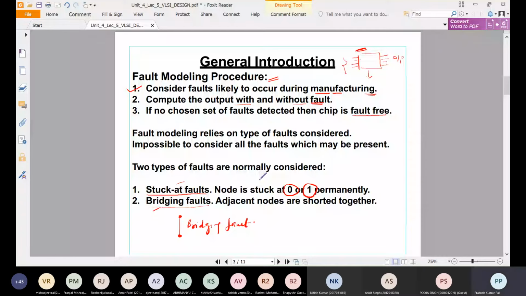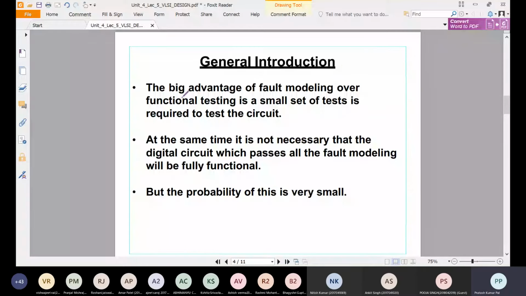The advantage of fault modeling is with respect to functional testing. In functional testing, we are just testing the function, whether it is giving a particular output at a given particular input or not. So we are not checking the faults. In fault modeling, a small set of tests is required to test the circuit. But in functional testing, we will be checking all the functions with respect to all the possible input combinations.